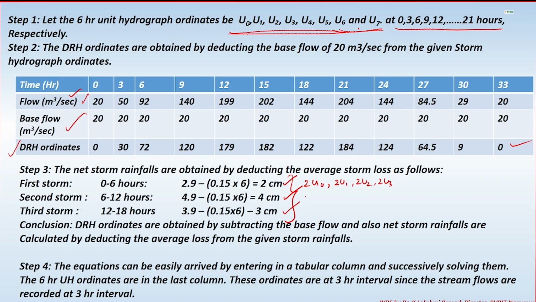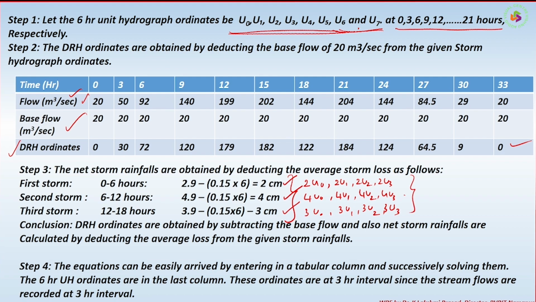It will be 4U0, 4U1, 4U2, 4U3 and so on. For the third storm, it will be 3U0, 3U1, 3U2, 3U3. So these are the direct runoff hydrographs for each storm.